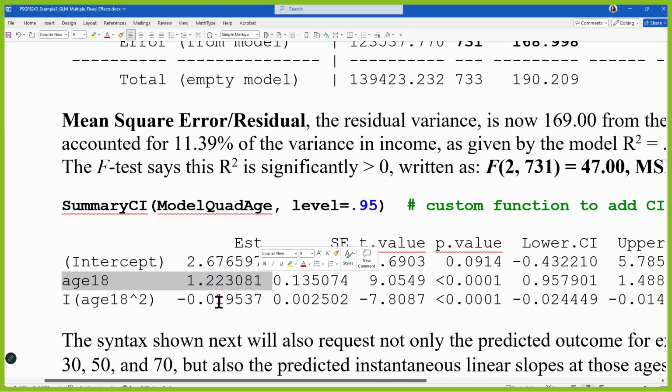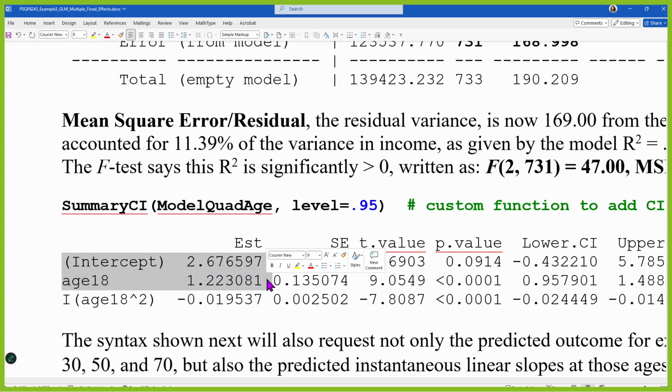It has a different interpretation. In these models, this is the linear slope specifically when this term would zero out, which happens at age 18. So the end result is that both the intercept and the linear age slope are specific to age 18. It's where the dot is and the slope of the line at that point.